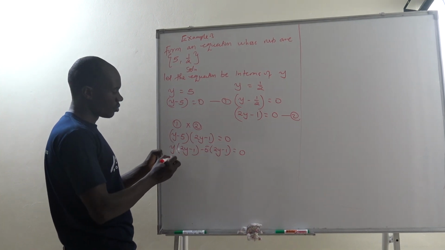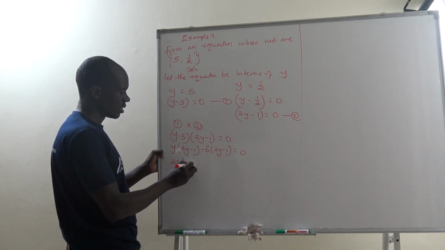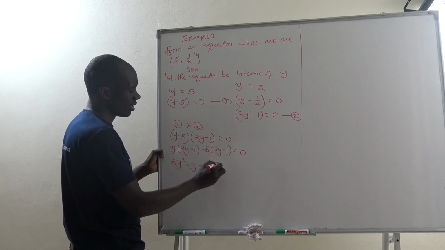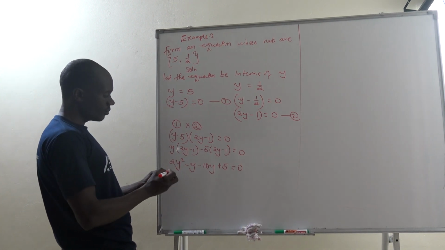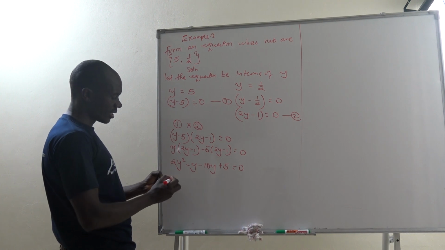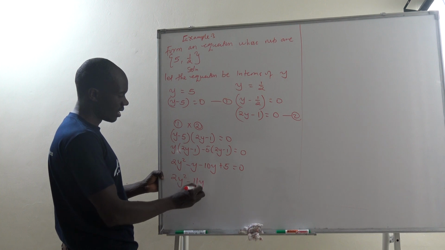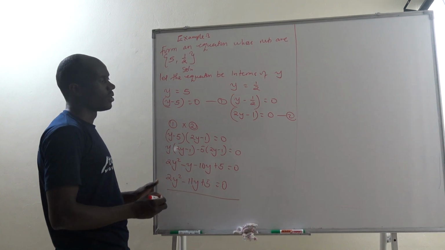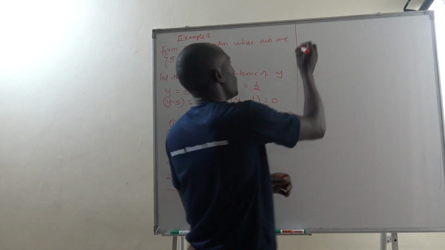So y times 2y, we get 2y squared minus y minus 10y. A negative times a negative, we get a plus 5 equals 0. So when you collect like terms, we get 2y squared minus 11y plus 5 equals 0. You can see our equation has come out well.